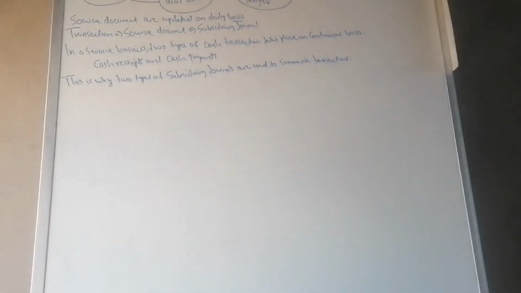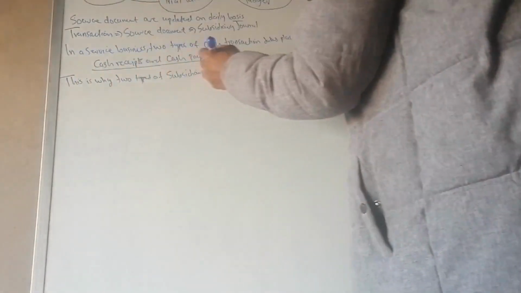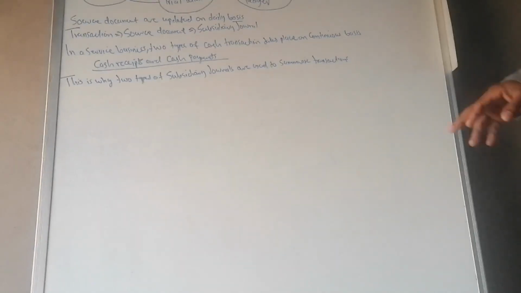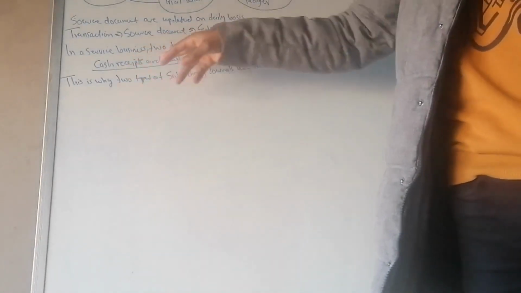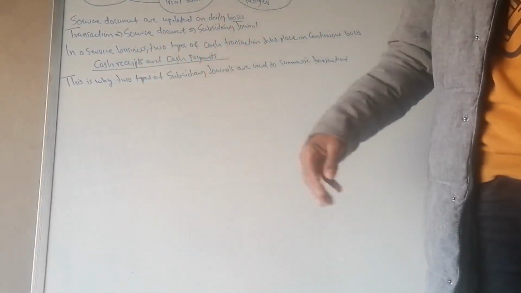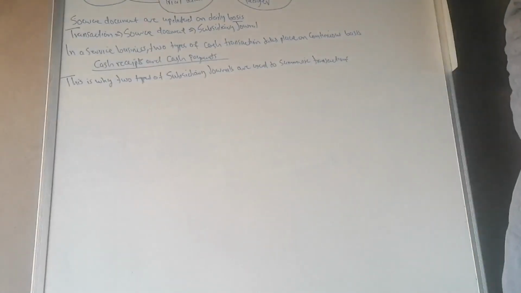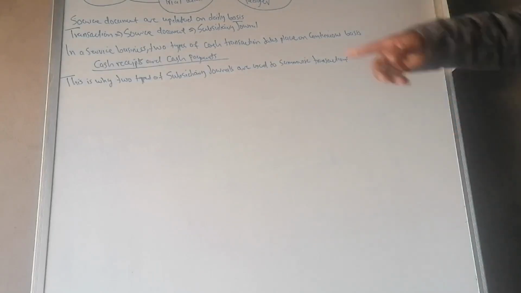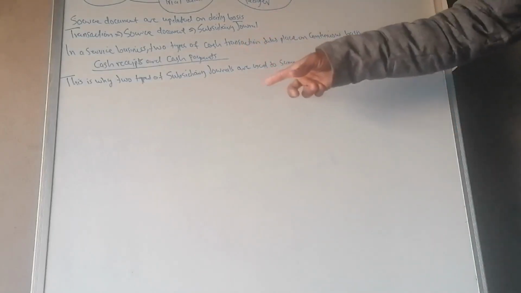That is why we have a cash receipt and a cash payment journal. Those two types of subsidiary journals are used to summarize the transactions.